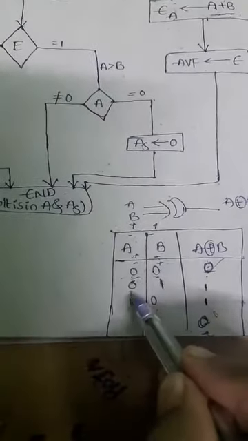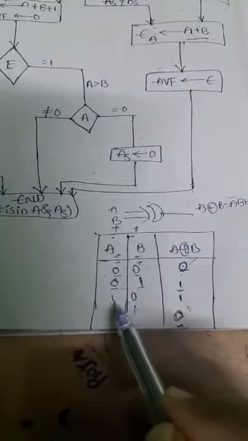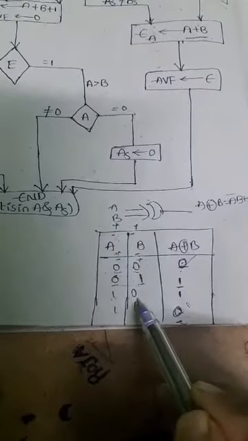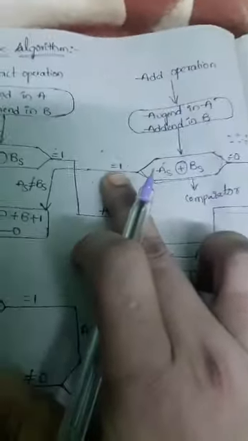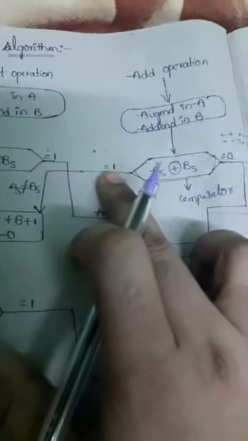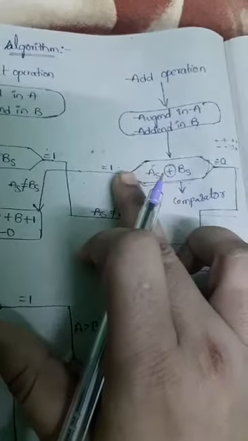Positive means 0 and negative means 1. For 0, 1, what result are we getting? 1. And if A is negative as 1 and B is positive, then the result is 1. So if both signs are different, the result will be 1. That means if you perform an exclusive OR operation on different signs, we get the result as 1.